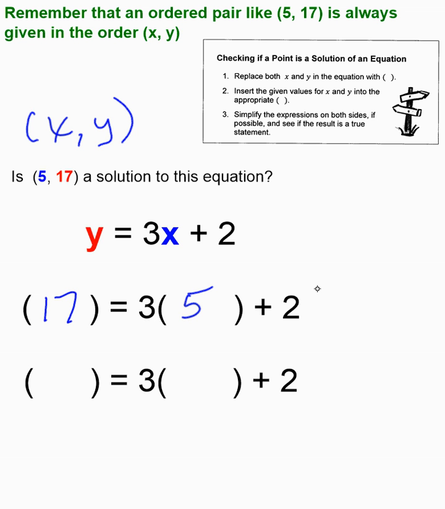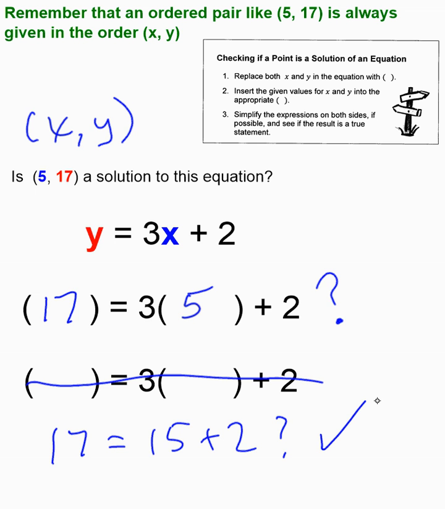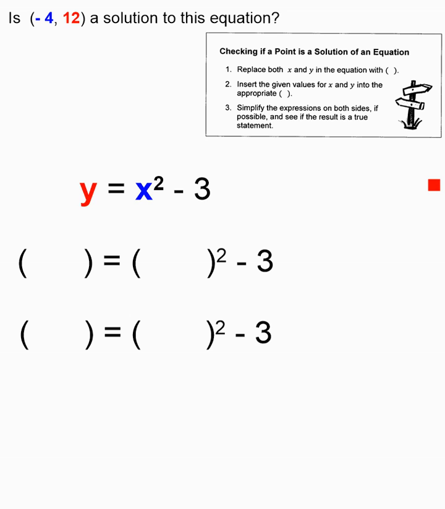And remember, at this point we're asking whether this is true. We're not saying it's true. So now I'm going to cross this one out. So we're going to go right to the next step. 17 equals 15 plus 2. Is that true? Yes. So that means, yes, this is a solution to this equation. So that ordered pair 5, 17 is a solution to that equation.